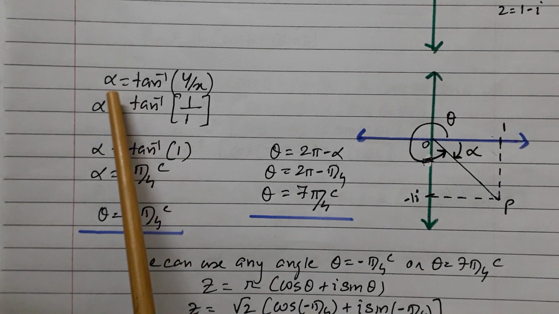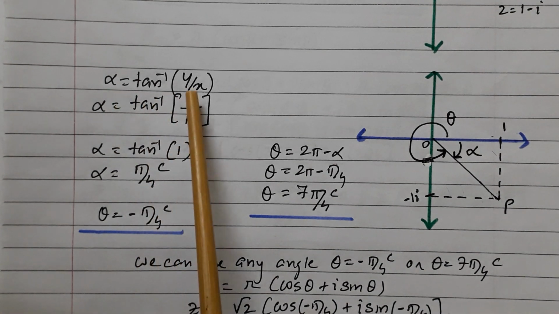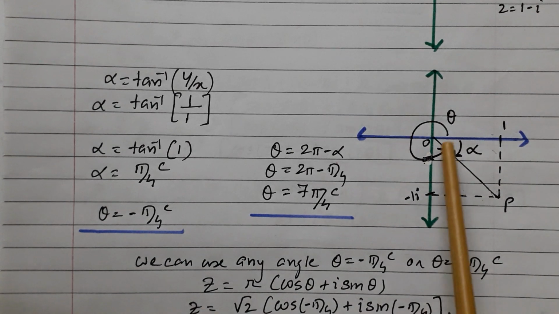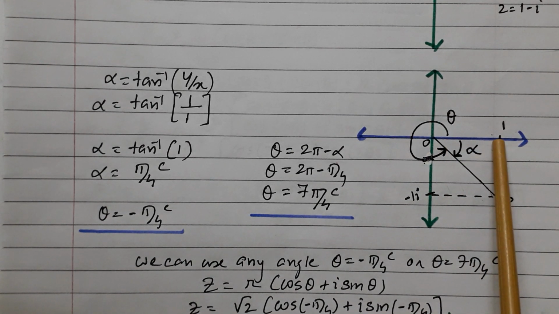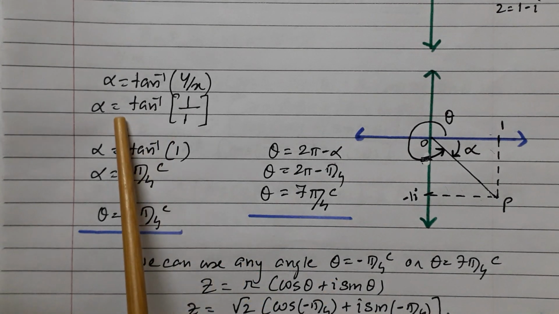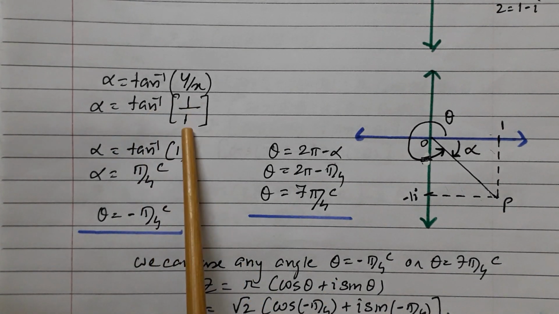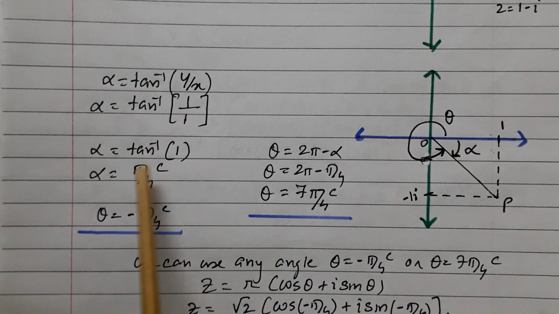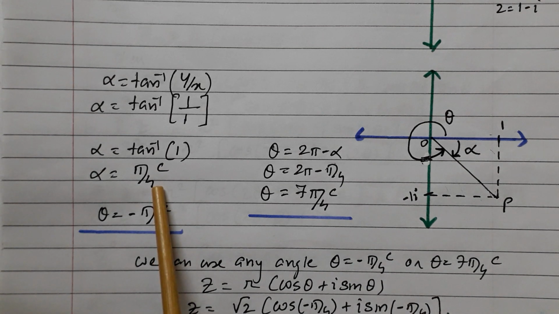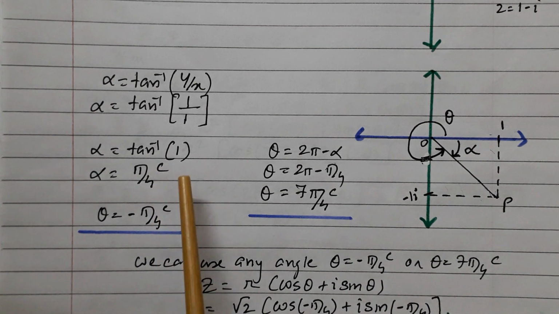So the formula is alpha equals tan inverse of y by x. Now y is negative 1, x is positive 1. However, we will put positive values, that is alpha is equal to tan inverse 1 by 1. Since we have put positive values, alpha is equal to tan inverse 1, that is equal to pi by 4 radians.